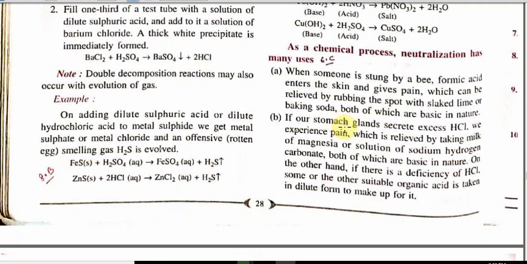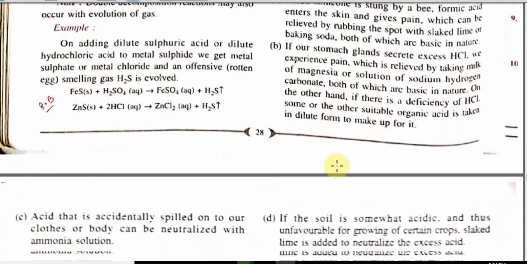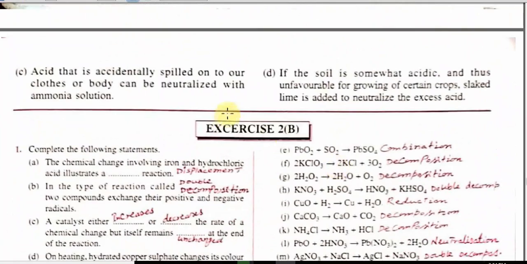Similarly, if our stomach gland secretes HCl in excess, we drink magnesia or ENO or take Digene to neutralize it and feel the relief. Acid that is accidentally spilt on cloth or body can be neutralized with ammonia solution because ammonia is a good base.